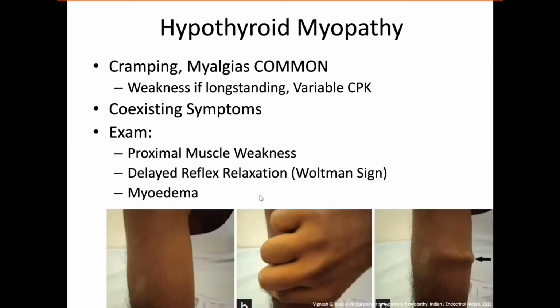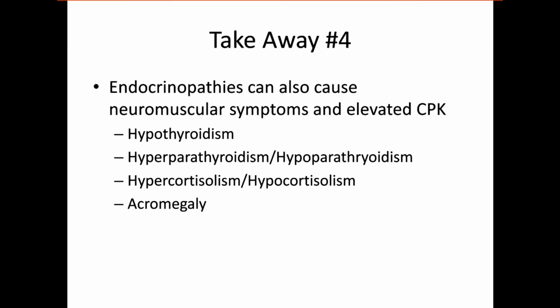This is something called myoedema, which I've never seen, but in patients with severe hypothyroidism, if you stroke the muscle like this, I think this is of this guy's forearm, you can actually get a bulge afterward that will go away in about 10 seconds. But I think this is very commonly tested like a board question, but just to know that a lot of endocrinopathies can cause neuromuscular symptoms and an elevated CPK, of which hypothyroidism is by far the most common.